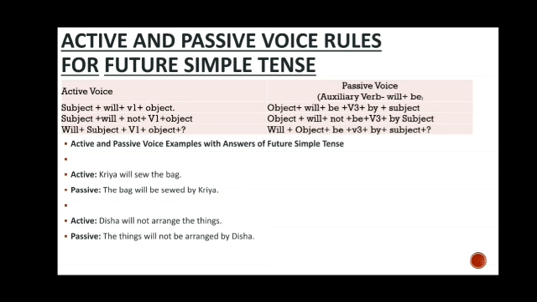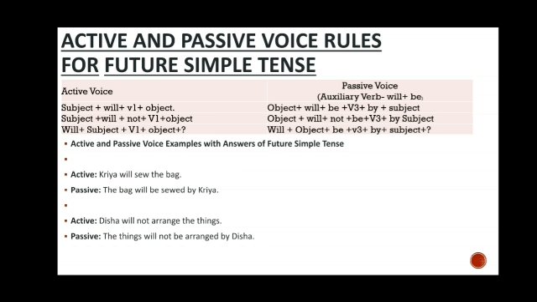Now next is simple future tense. In simple future tense, we are writing subject, then will, then verb first. When we are talking about negative, then subject, then will, then not, then verb first and object. When I am talking about interrogative, then will, then subject, then verb first, then object. Okay? And in changing, what will you do?